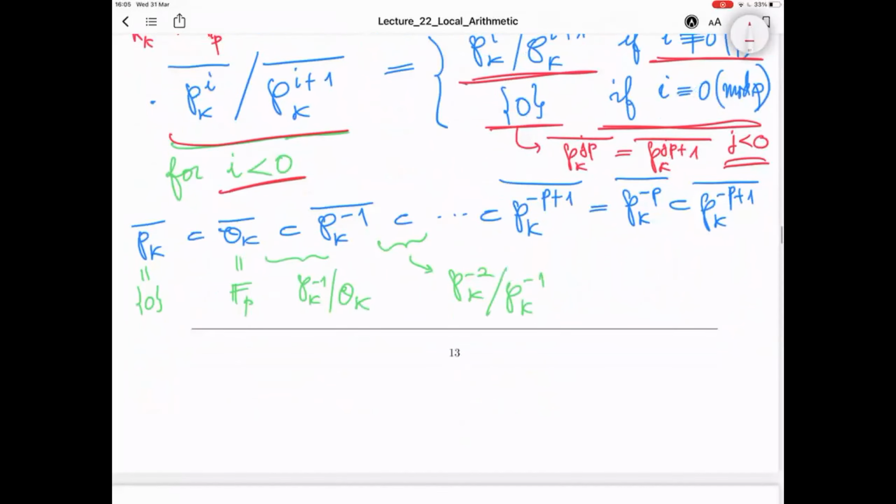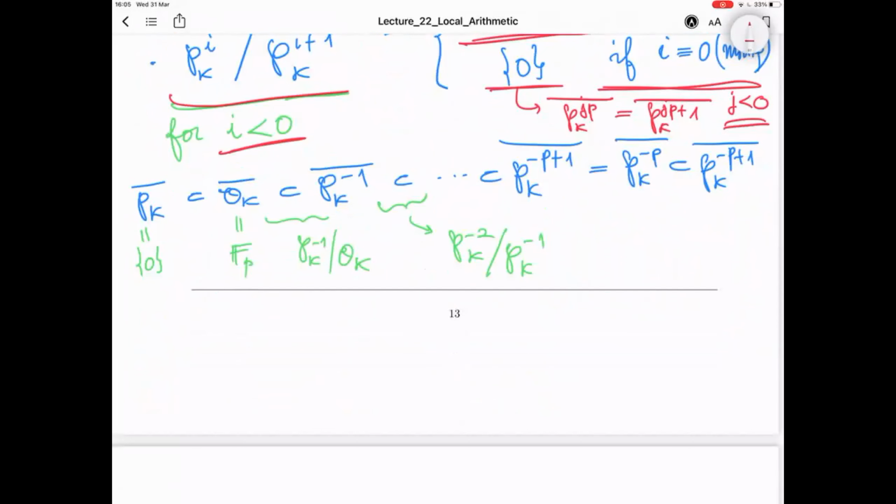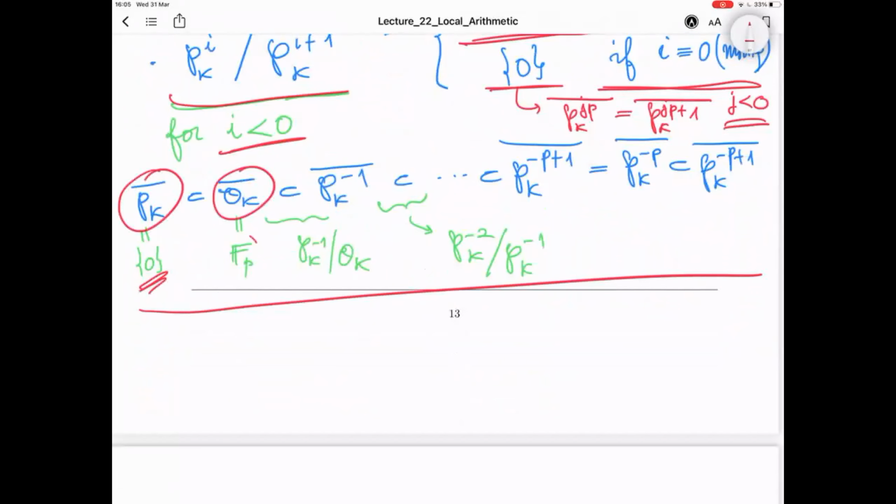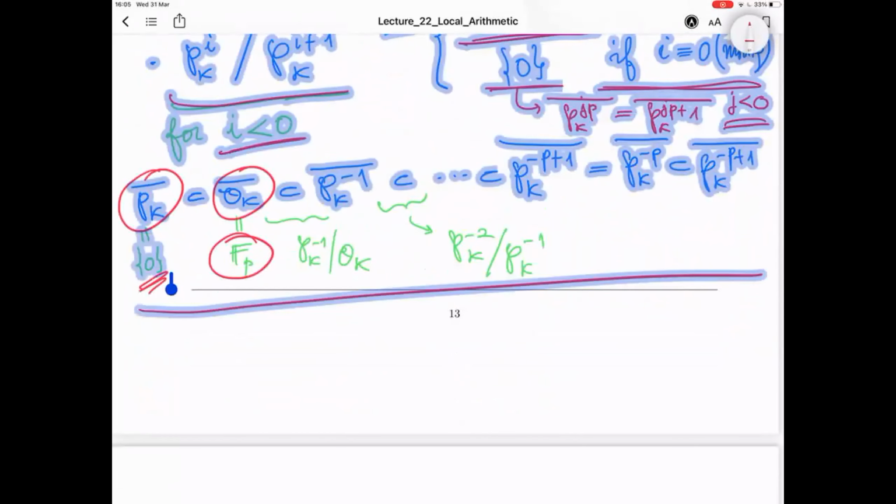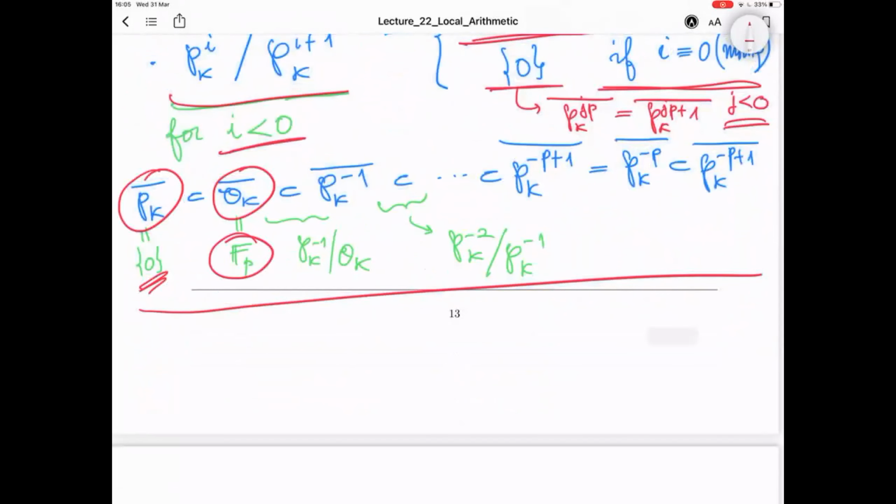Okay, and all this information is contained in this diagram here. P_K bar is trivial, O_K bar can be identified with FP. Here the quotient is this, here the quotient is this.